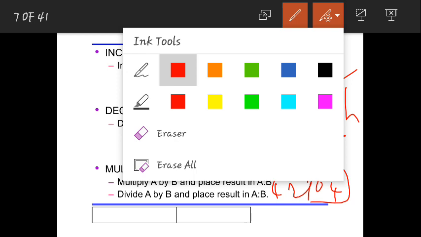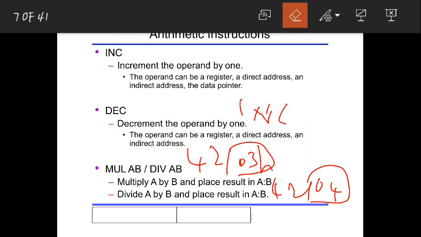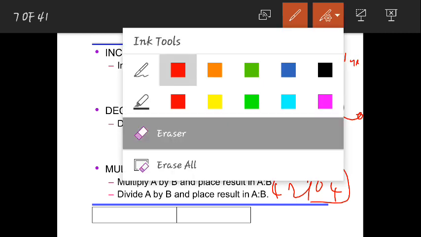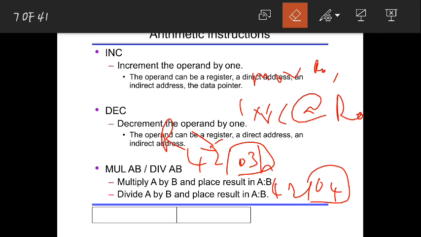Indirect address means if you take @R0, and for example you are pointing this R0 to 42 for some location, that means before this you are writing MOV R0, #42H.